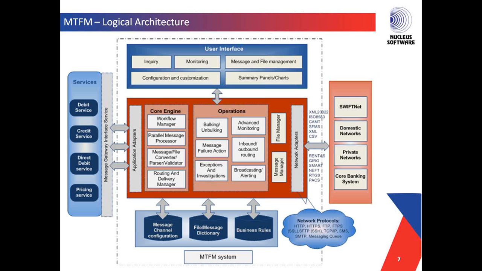Okay. The inbound outbound routing, we talked about it a little while ago while discussing the router, so I'll skip that part. Another important operation that is part of this core component is the broadcasting and alerting feature. As I said, sometimes the application is down, in which case we may want to broadcast a message to all the affected parties, and that's where this broadcasting feature can be used.